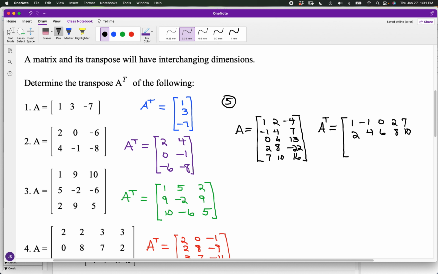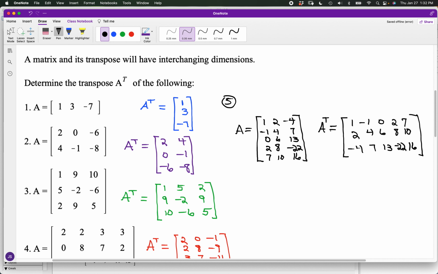And then the last column in A will be the last row in the transpose. So the transpose of A is going to be A transpose, and guess what? The transpose of the transpose gets us back to the original matrix A.